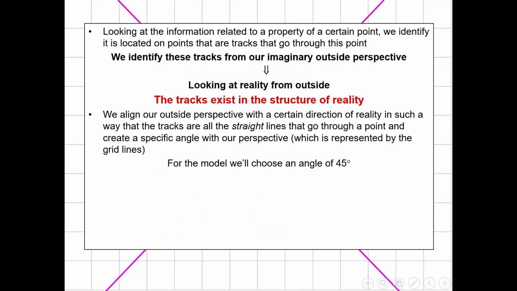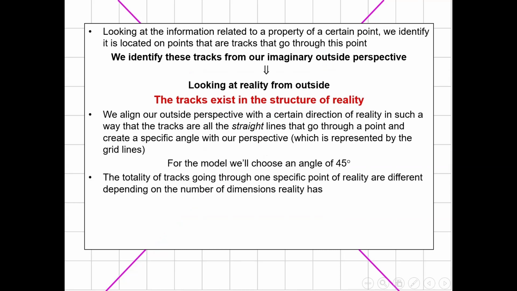But the totality of these tracks going through one specific point of reality differs depending on the number of dimensions reality has. So the more dimensions we have, the more options for such information tracks, such lines that create a 45-degree angle with our perspective.